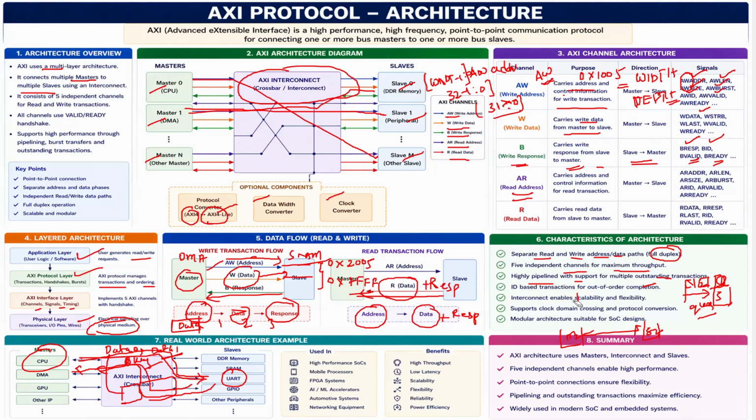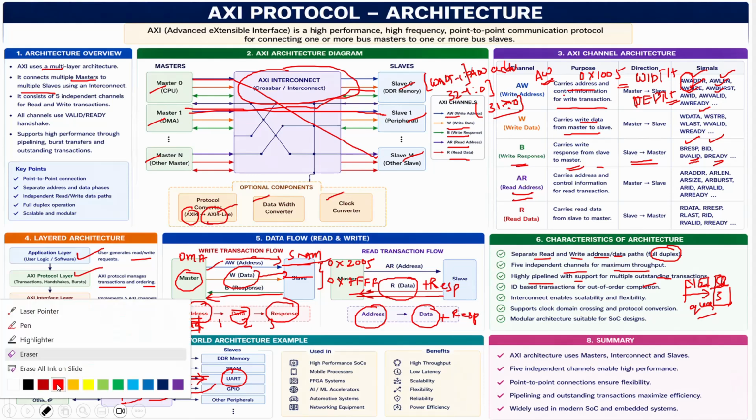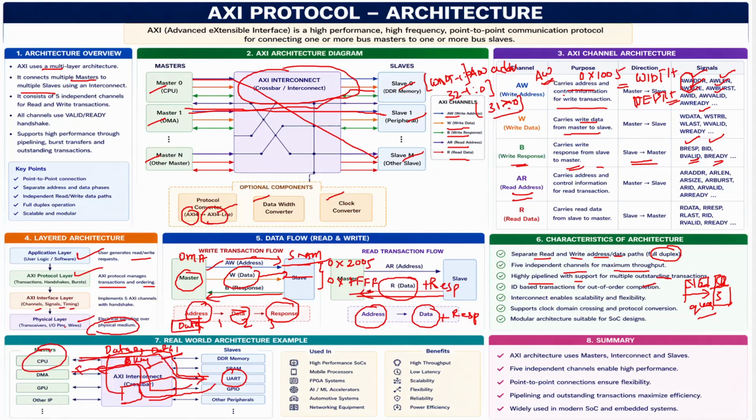And then interconnect enables scalability and flexibility. Scalability means it also supports large complex SoCs. Okay, large complex SoCs, that means system on chip, we are connecting, and interconnects enable scalability and flexibility.